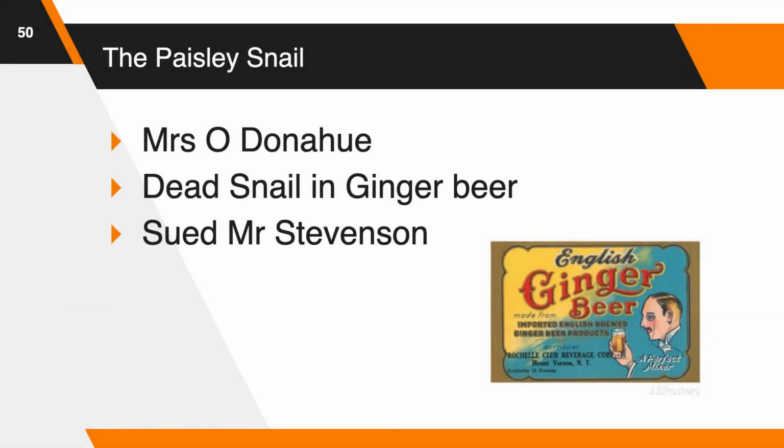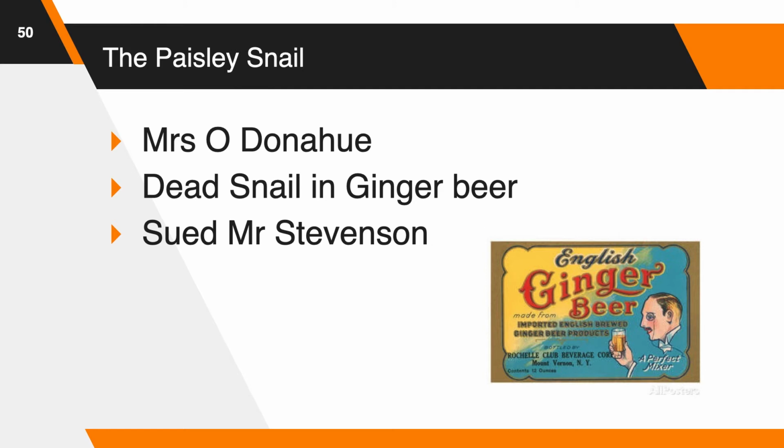One of the foundation court cases in negligence occurred in about 1930 in Scotland, when a lady called Mrs. O'Donoghue was drinking a bottle of ginger beer in a restaurant with her friend, and there was a dead snail in the bottom of the ginger beer, and she got sick.